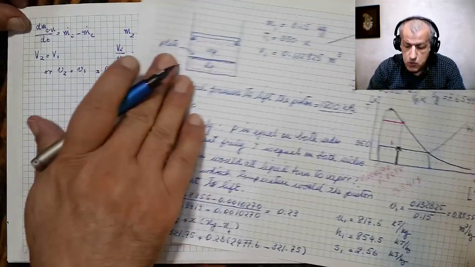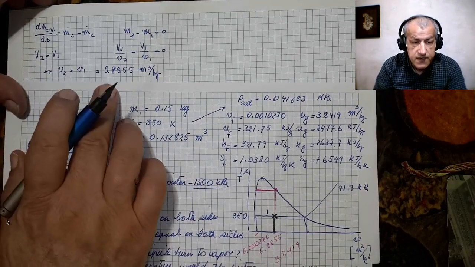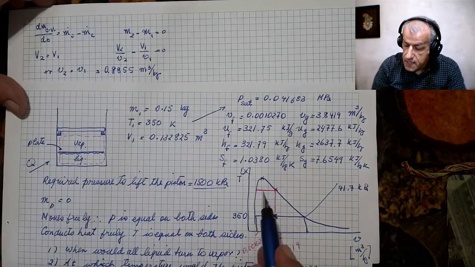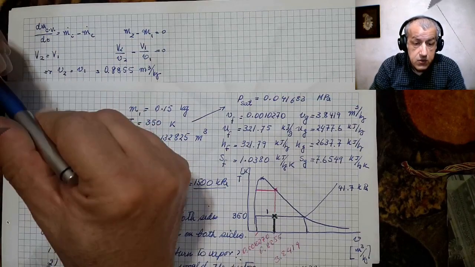So what we should do is that for this value, we should look inside the tables and see what the pressure is. And that's what we just do now.